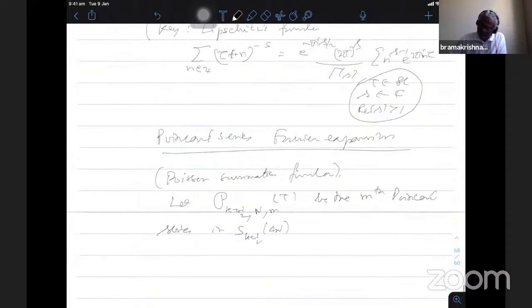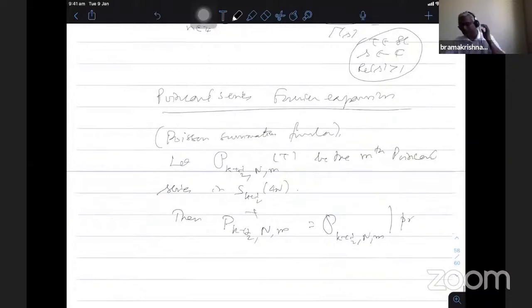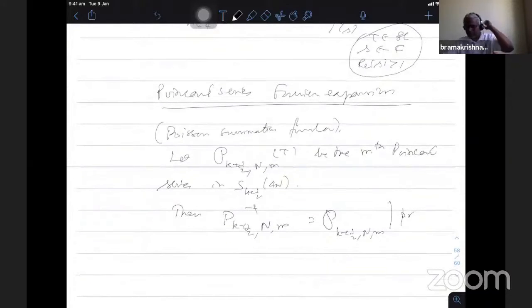Then P^+_{k+1/2,N,m} is nothing but P_{k+1/2,N,m} bar projection. So there is a projection operator which takes the forms in level 4N to the plus space.